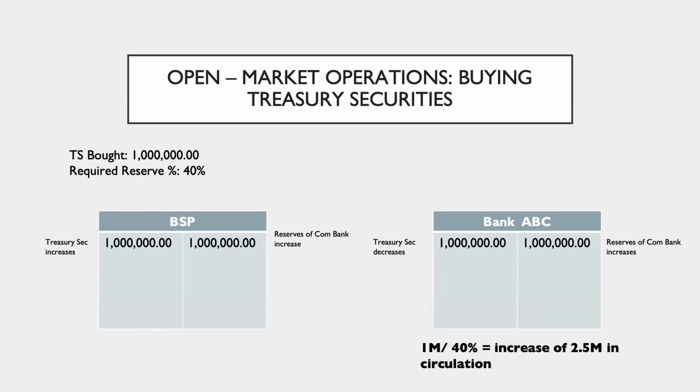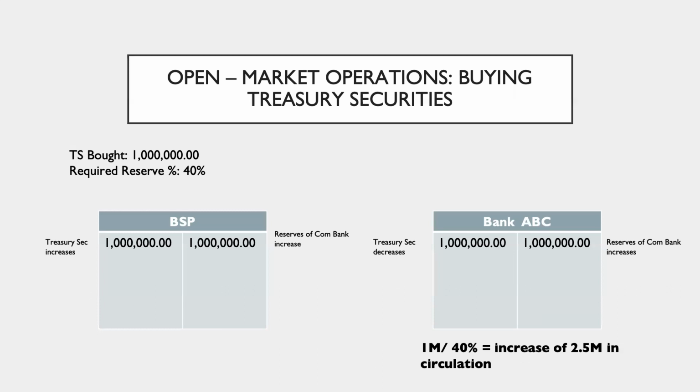We raise the required reserve ratio because we want to decrease the spending of consumers, since we don't want prices to go up too much and be inflated.